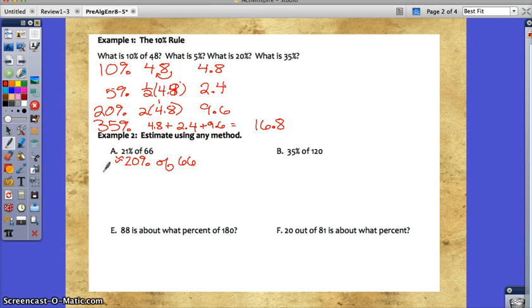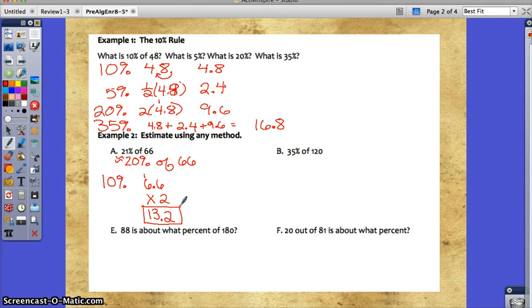How can we find 10%? Well, we're just going to move that decimal over 1. So 10% of 66 will be 6.6. And now we want 20%, so we're just going to multiply that by 2. 6 times 2 is 12, carry the 1. 6 times 2 is 12, plus that 1 is 13. And then we move over 1 decimal place in our answer.